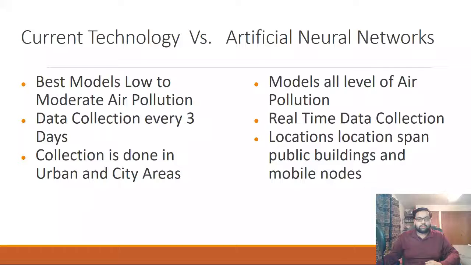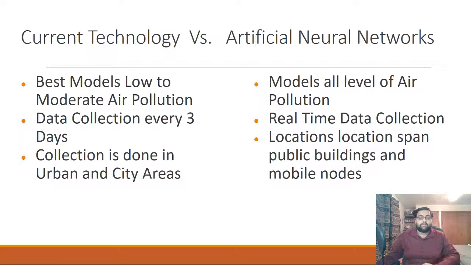After outlining the issues with the current technology, let's look at the comparison for our proposed technologies. Current air pollution modeling is best for low to moderate levels of air pollution. Data collection is done quite infrequently, being collected regularly once every 3 days, and is often done in very select urban and city areas.